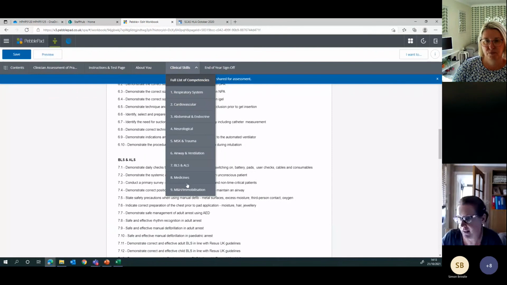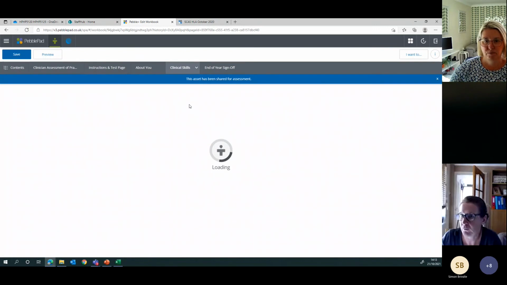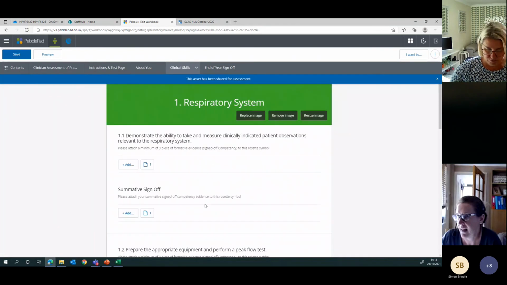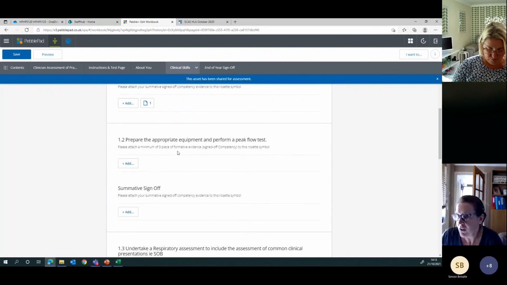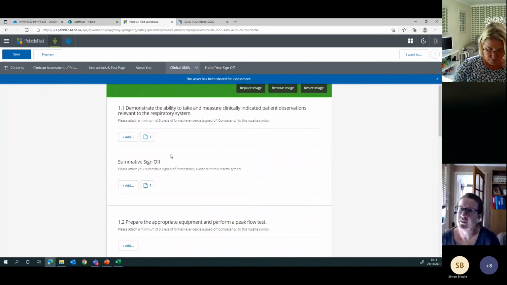Then you'll see down here there are different systems and different things that they're studying at university that they then need to sign off against. Obviously respiratory system is this one here, and then there's different evidences that they can add and go through here. When we talk about formative and summative sign-offs, I'll go through those and what is required of those.